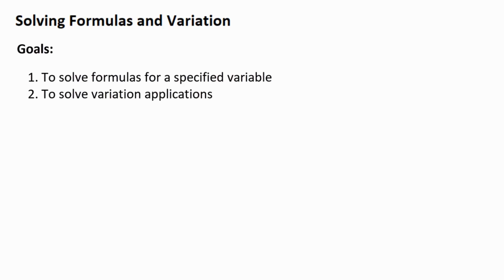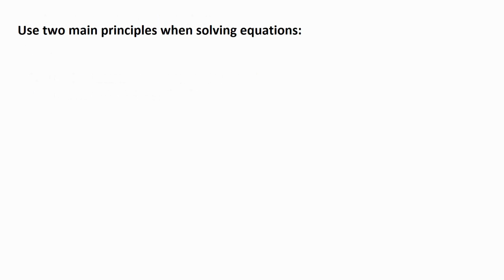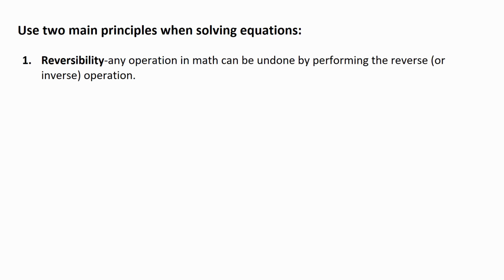When it comes to solving equations, there are 2 main principles you need to know about. The first one I call the reversibility principle. It basically says that any operation you perform in math, like addition, subtraction, multiplication, division, and others we think of as operations, like square rooting and squaring, can be undone by doing the reverse or inverse operation.